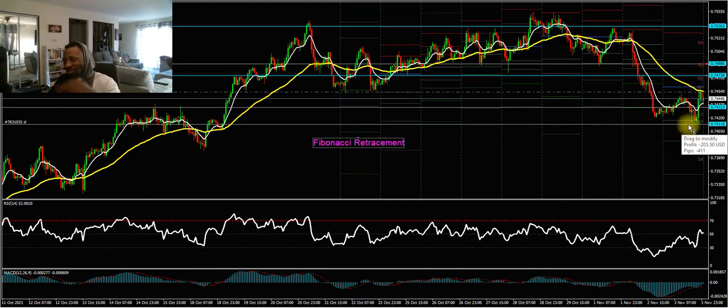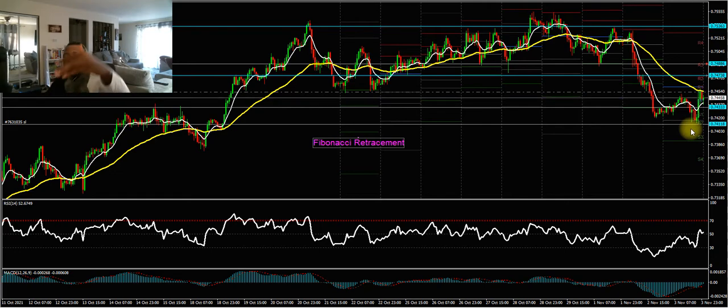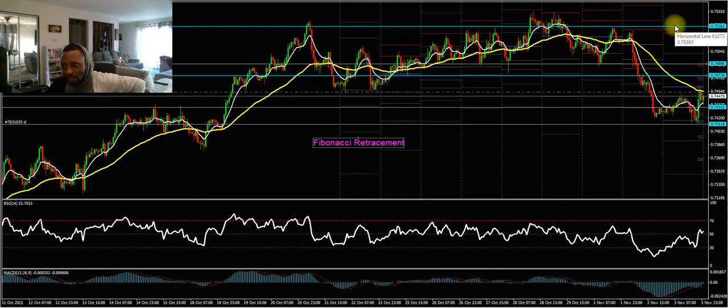The trend right now, at least in the short term, is an upward trend because you can see it made a lower low at this point and then starts to go back up. It definitely is going back up and probably will get to this point where I have the line, or could even go beyond this line and come to this point. It depends on what time of the market you get in.